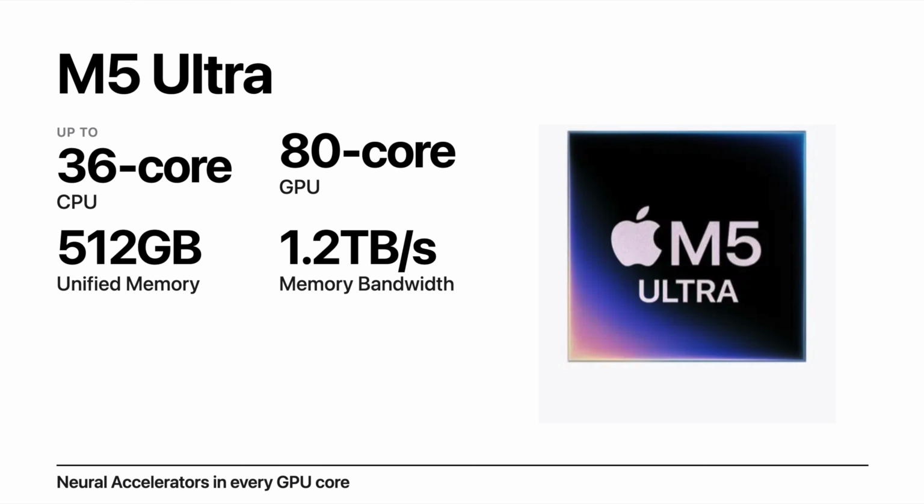M5 Ultra can have up to 512 gigabytes of unified memory with a staggering 1.2 terabytes per second of memory bandwidth. This is the Mac Studio designed for the really extreme workloads, from huge 3D scenes and visual effects to scientific computing and running enormous AI models locally.